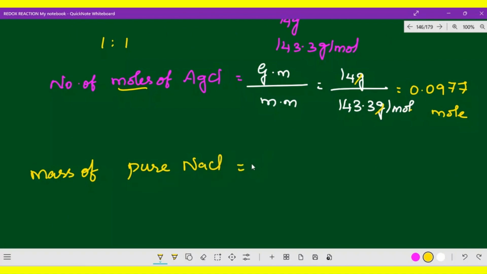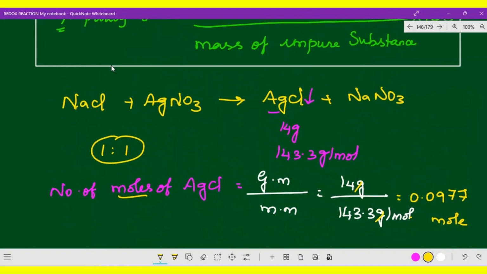How to identify this is moles into molar mass. Which mole can we take? We can take this mole only. Why? Because each has a 1:1 ratio. Sodium chloride is 1 mole and silver chloride is also 1 mole, so this is equivalent to that.